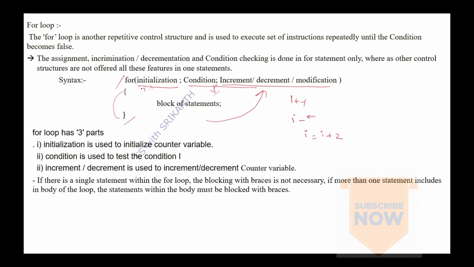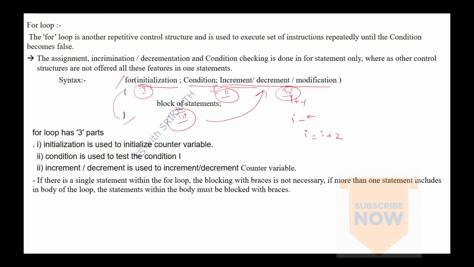Here, first initialize the variable, second check the condition, third execute the block of statements, and fourth update or modify the variable. This is what happens in the for loop.